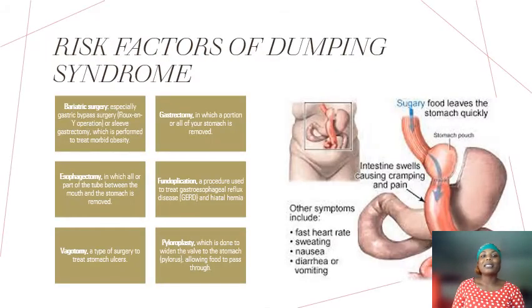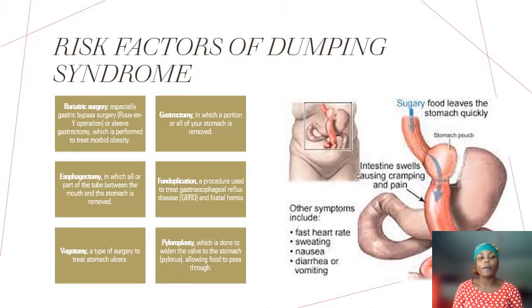As risk factors of dumping syndrome, we have bariatric surgery, especially gastric bypass. We have gastrectomy, in which a portion or all of your stomach is removed. We have esophagectomy.